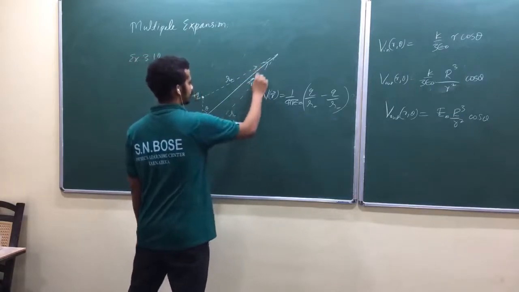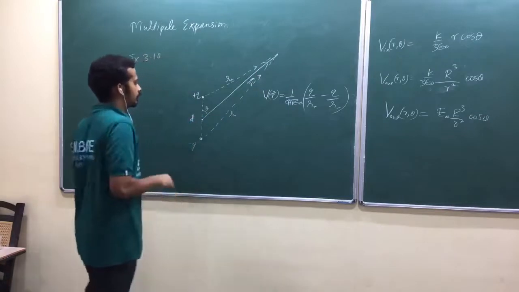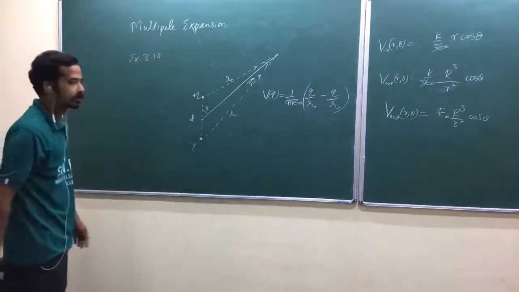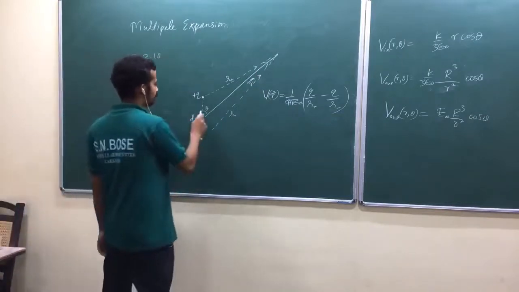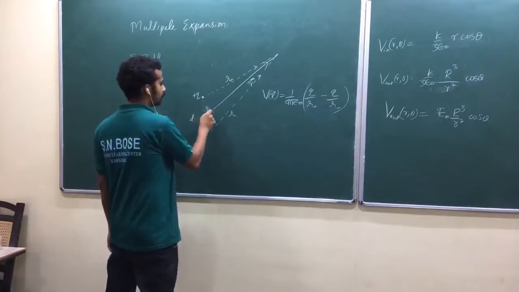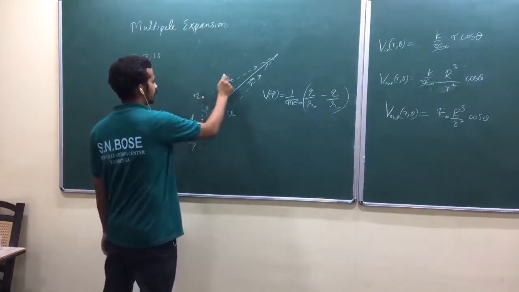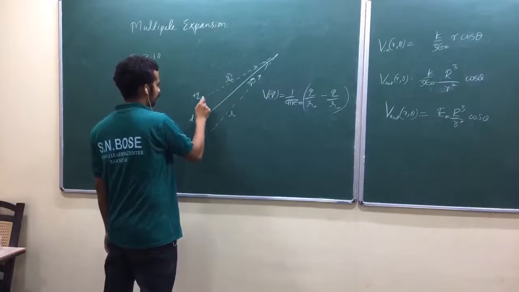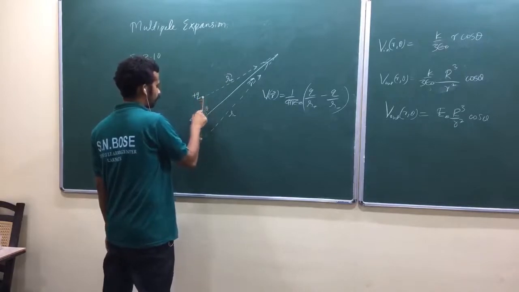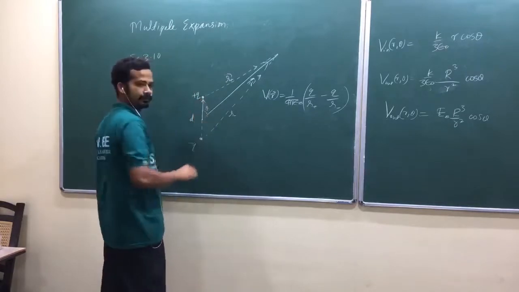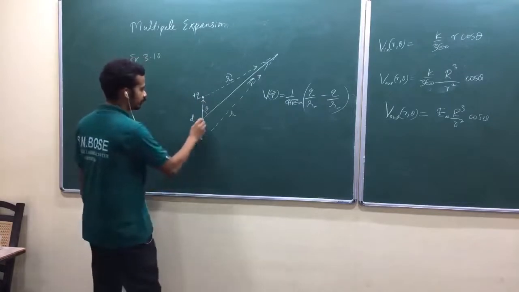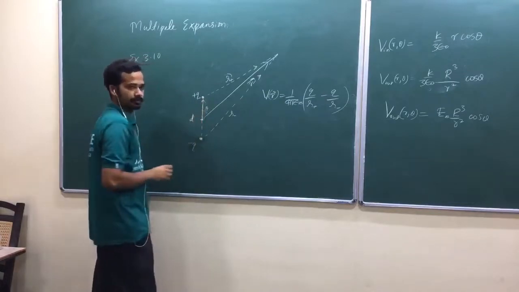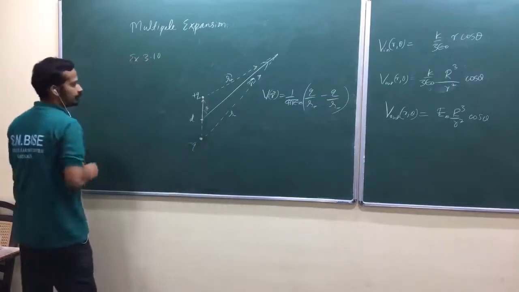In this direction. Is that okay? So now you need to define some vector between these three, so that italic r vector can be related to it. Let me define d by 2 vector here. This is d by 2 vector, the length is d by 2.